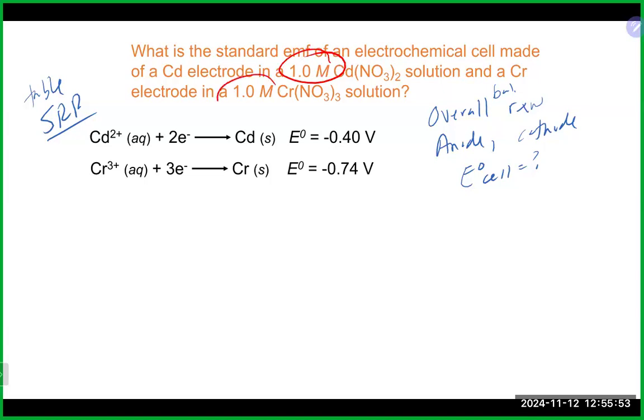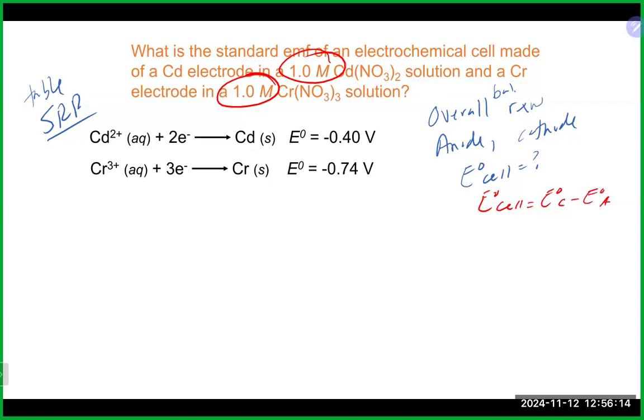Each of these concentrations is 1 molar, which means it is standard conditions, and that's a good thing to know. But it really doesn't tell us which one's which. So we can use, obviously, our equation, which is E of the cell is equal to E of the cathode minus E of the anode.